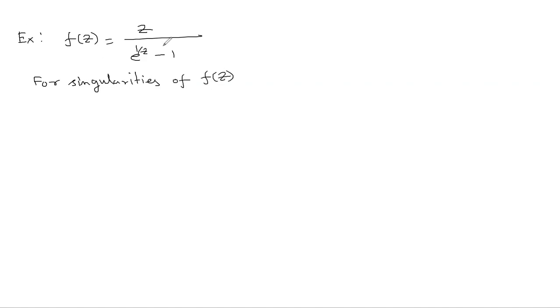Next, let us take fz equal to z by (e power 1 by z minus 1). Now to get the singularities of the function fz, we'll equate the denominator part to 0, e power 1 by z minus 1 equal to 0.